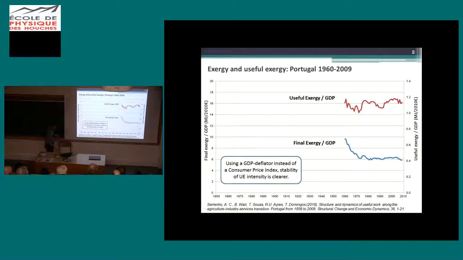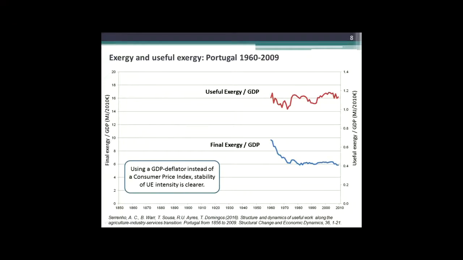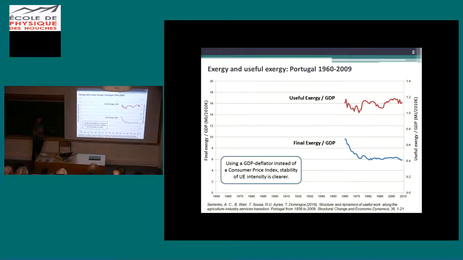This close relationship between useful exergy and GDP is the motivation for my work, and it's more clearly visible looking just at the last 50 years. The difference here from the last graph, I know what you're thinking, is that in those last 50 years, since André's work, we have adopted a more appropriate price deflator for GDP instead of what he used.